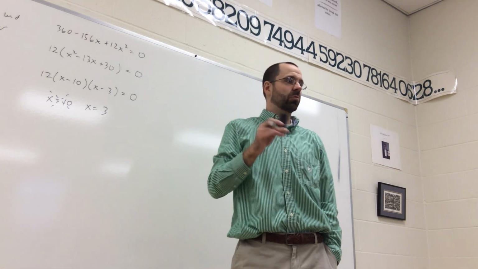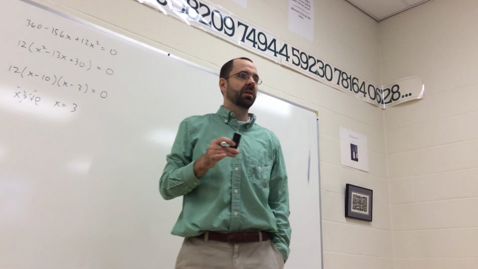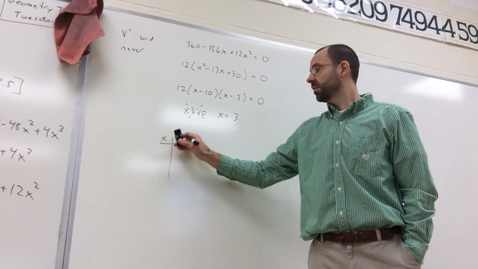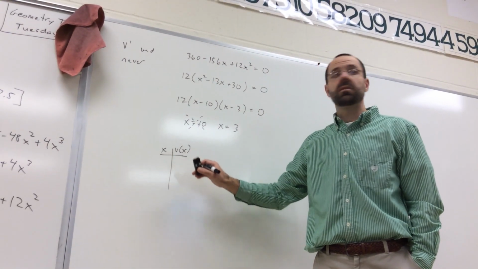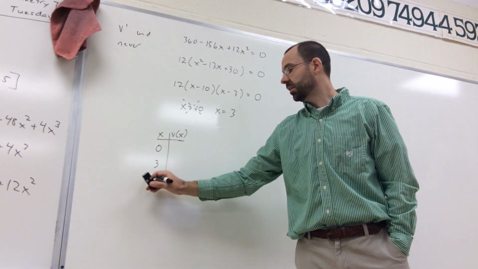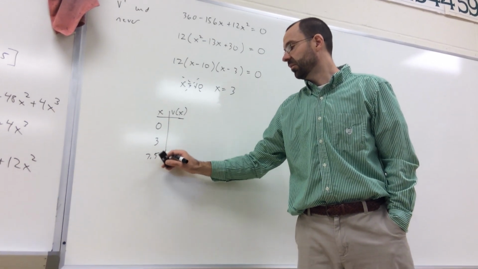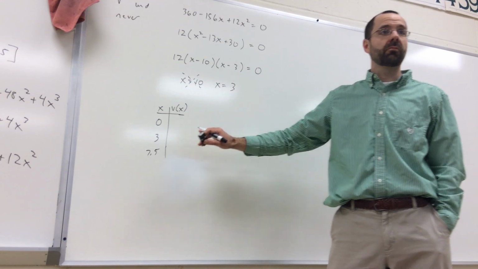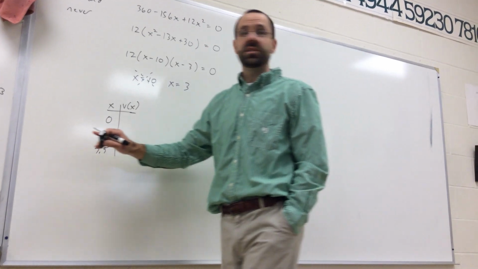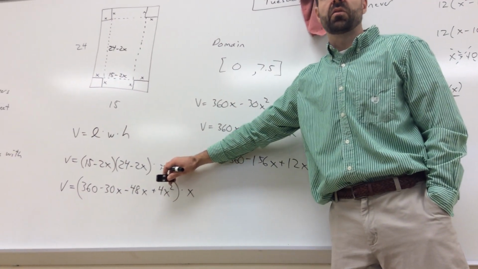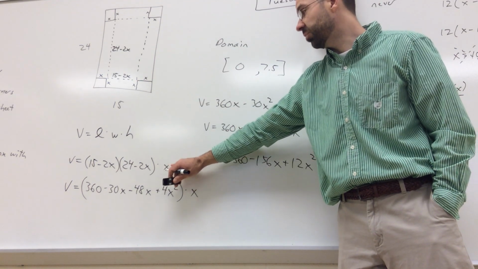Plug those three numbers, or however many you got, into the original volume function. So we're going to take x and V of x and plug 0 and 3 and 7.5 into that. My advice is to use this volume formula. If you don't have a calculator, it's easiest to plug into this.